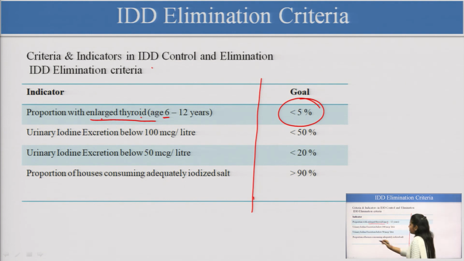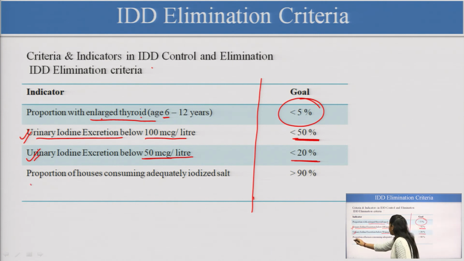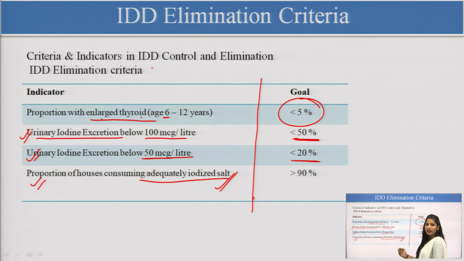The population with urinary iodine levels below 100 microgram per liter should be less than 50%. The population with iodine excretion below 50 microgram per liter should be less than 20%, whereas the households consuming adequately iodized salt should be more than 90%. This is more important here.